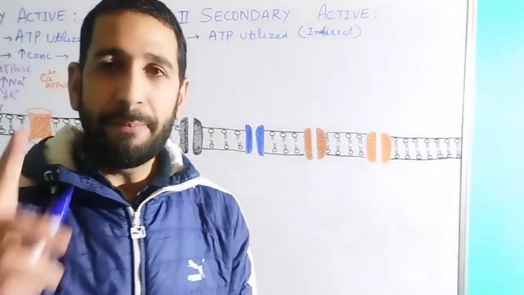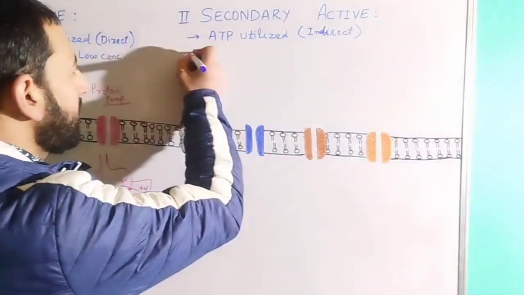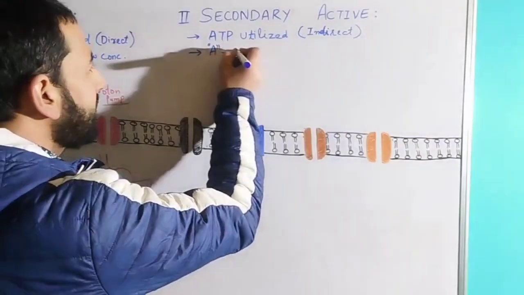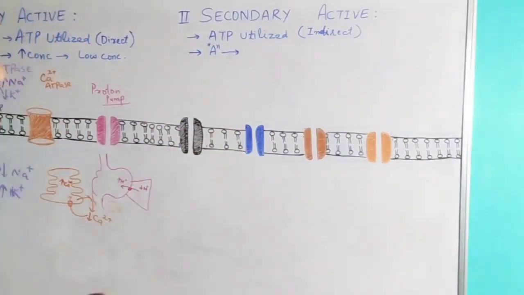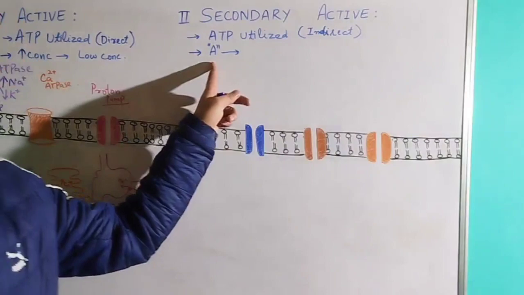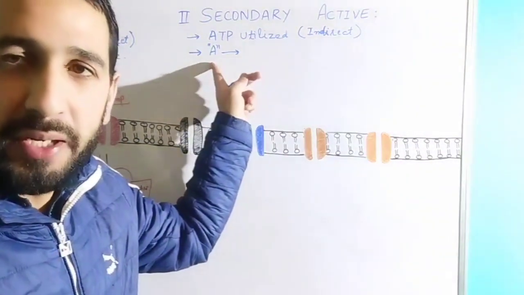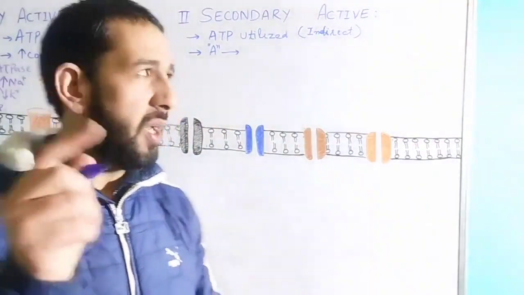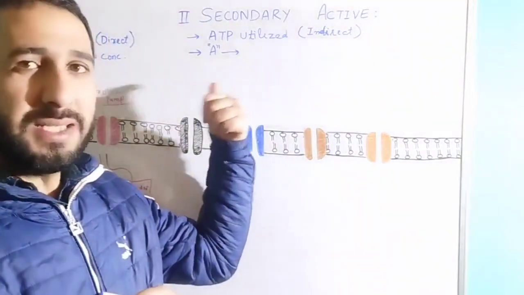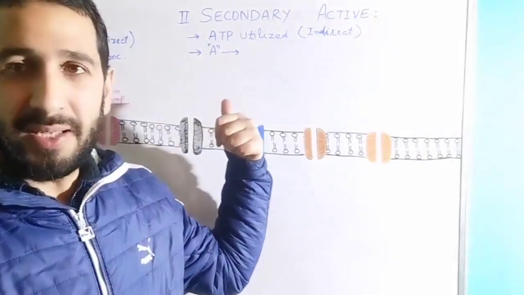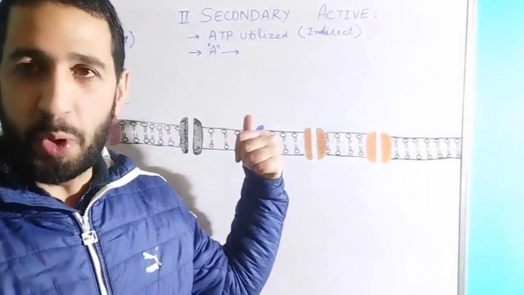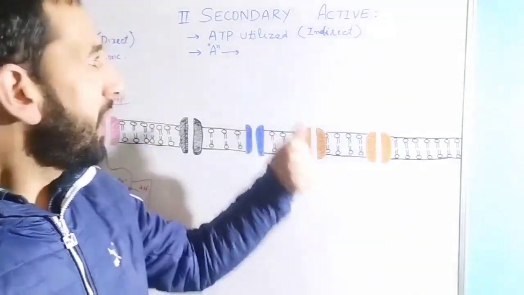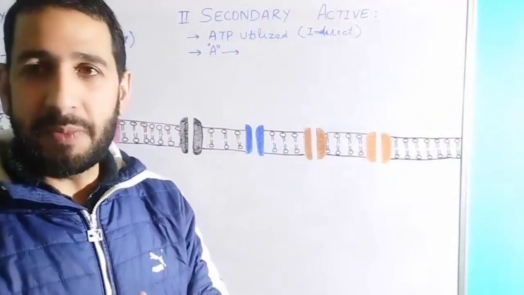Now suppose there is substance A which is going to be transported. You have to remember that this substance A is going to be transported from high concentration to low concentration. Don't get confused. In secondary active transport there is definitely transport from low concentration to high concentration, but remember that more than one substance is being transported.